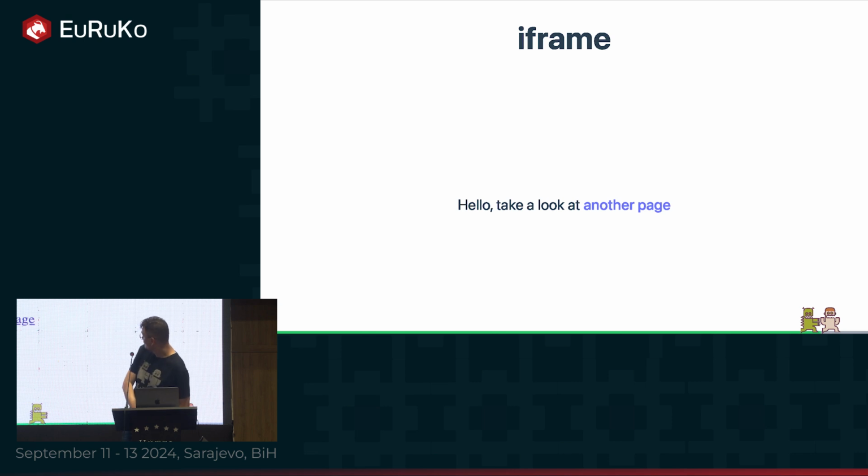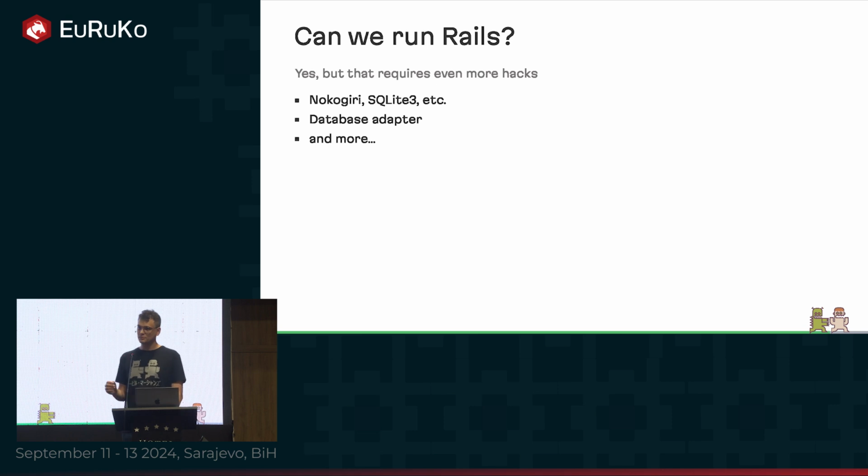Okay, we have this demo. Let's see if it works. Yeah, it works. Cool. So again, this is not the Rails application that Yuta showed, but it's fine. And obviously there is a small difference between this demo and the demo that Yuta showed, because all the things that I showed are working without a pre-built version of Ruby.